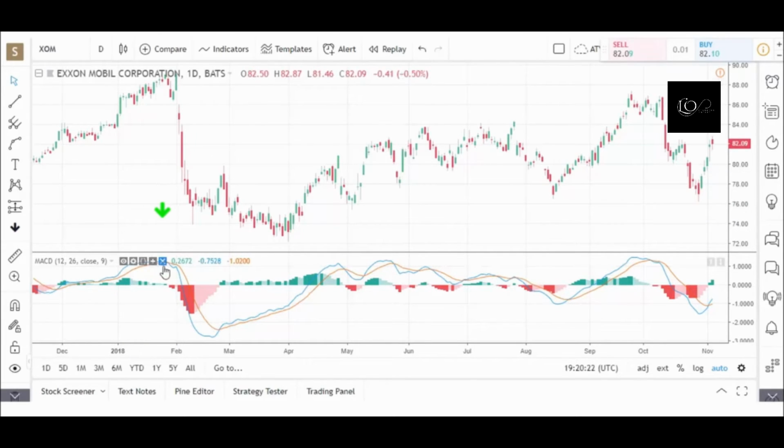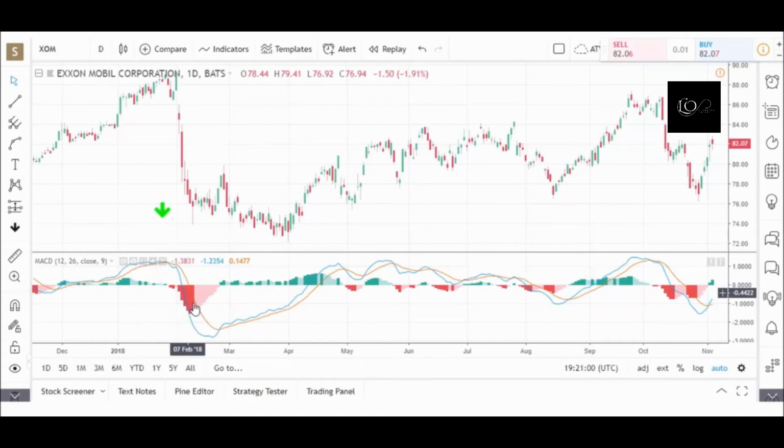So we had a cross of the MACD, which is in overbought territory at this point, to the downside, and then the stock drops. So with this cross, we may have sold our position, or at a minimum tightened our stops and been prepared for a reversal in trend from a bull trend to, at a minimum, a consolidation pattern, but the stock actually went into a bear trend.